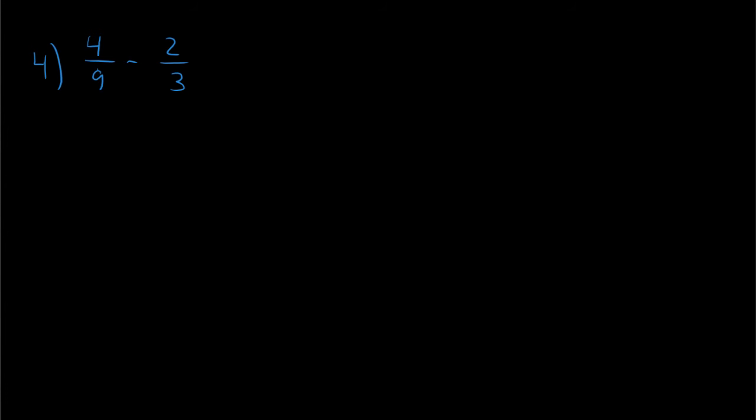So our first step is just going to be what we did before, which is think to ourselves, how can we multiply to get from the smaller number, the 3, to the bigger number, the 9? So 3 times 1 is 3, 3 times 2 is 6, 3 times 3 is 9. That's what we need. So we're going to keep our 4/9 minus 2/3. And we know we need to multiply the right side by 3 over 3.